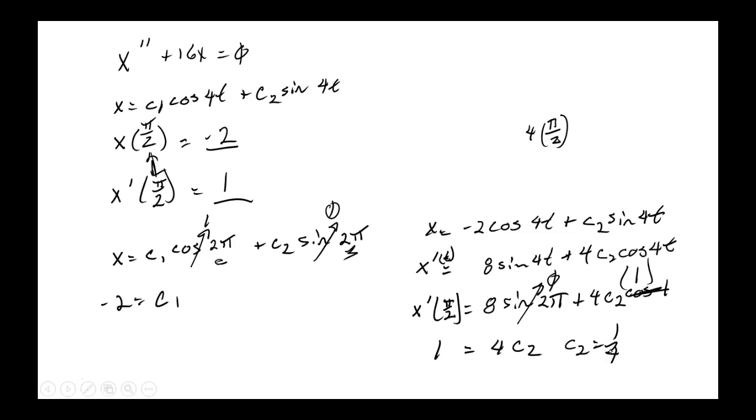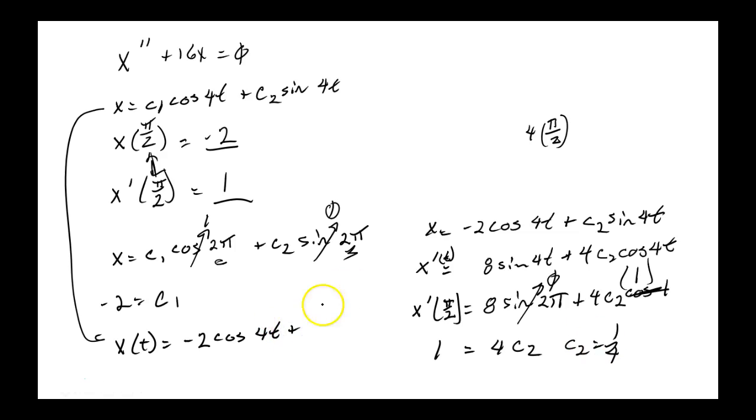Okay? So our 2-parameter solution, no longer parameters, we actually know the values. We have x of t at any value t is equal to c1, which is minus 2, cosine of 4t, okay, plugging into this, plus c2, which is 1/4, times the sine of 4t.